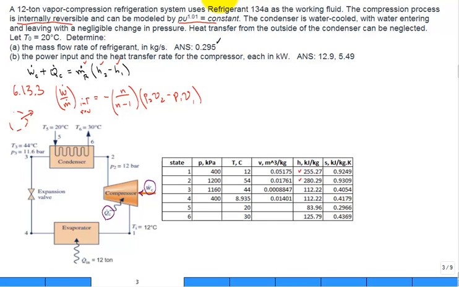So for this problem, our n is equal to 1.01, and our P2 and V2. Here's our pressure at 2. Here's our specific volume at 2 are given. And there's our P1 and V1 are given.